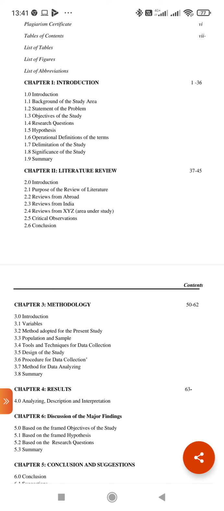Then you can have certain reviews from abroad, certain reviews from India, then certain reviews from the area under your study. Then you can give the critical observations and accordingly summarize that specific chapter.